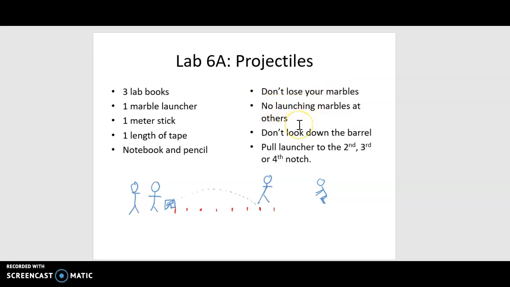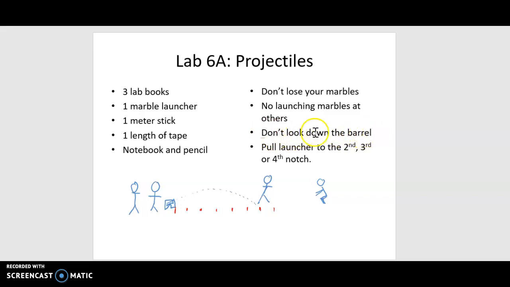You can't launch your marbles at others, meaning you don't intentionally shoot it at and hit somebody with the marbles. People that do that, you're out of lab for the rest of the day. We call home, and then we see if you're in lab the rest of the year. I'll talk about that on Friday. So don't launch marbles at others.